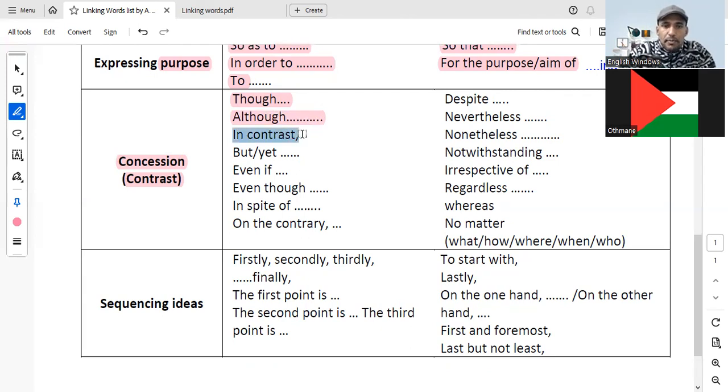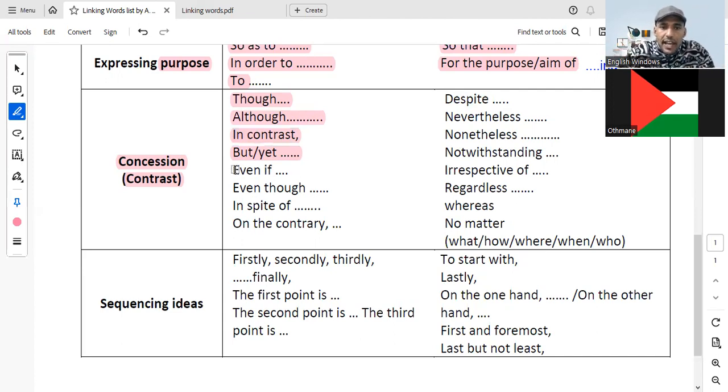To express contrast we can use "in contrast", par contre, or "in contradiction", and "but" or "yet". We say: I like apples yet my brother likes bananas, for instance. Or: I like apples but I don't like bananas.